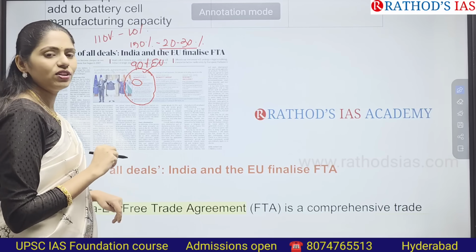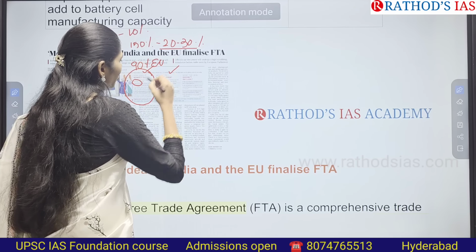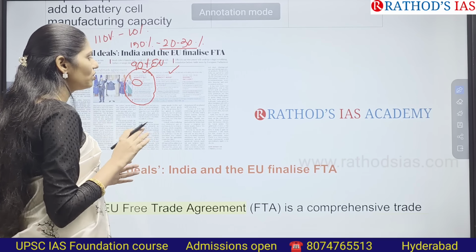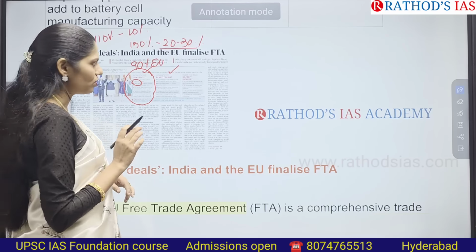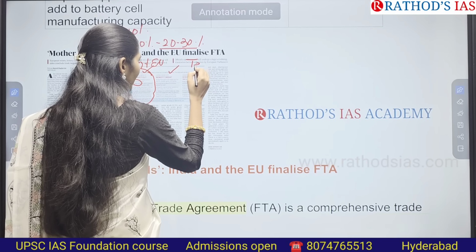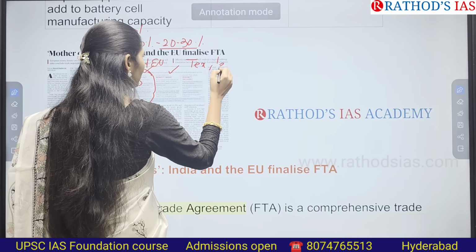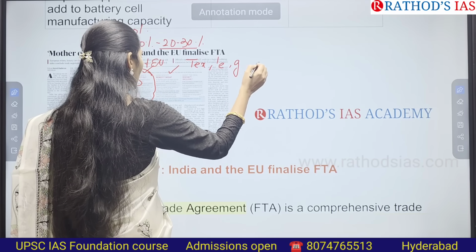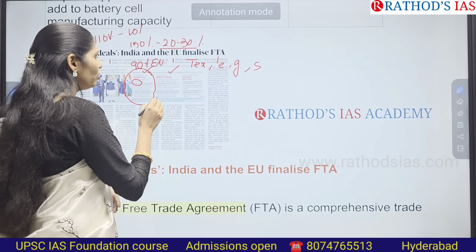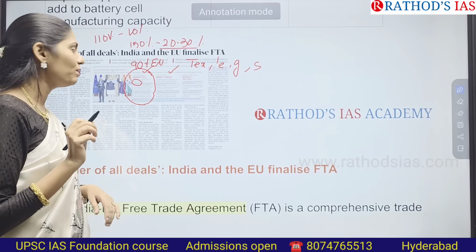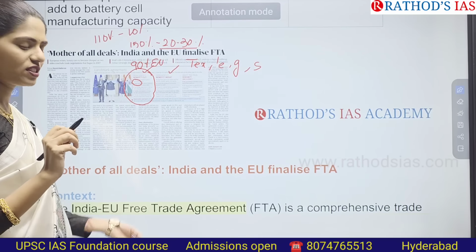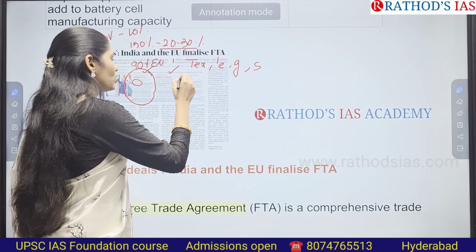And what about India? If you talk about benefits to India, we are going to have duty-free exports, for example textiles, leather, gems, and spices, and a duty-free quota of 1.6 million tons of steel. Even for steel, there is no quota.